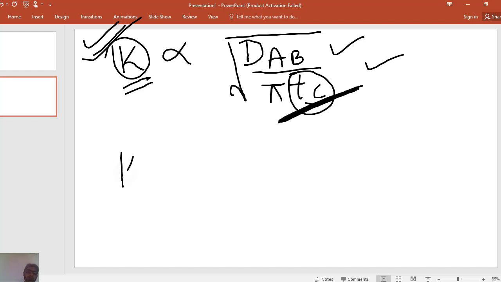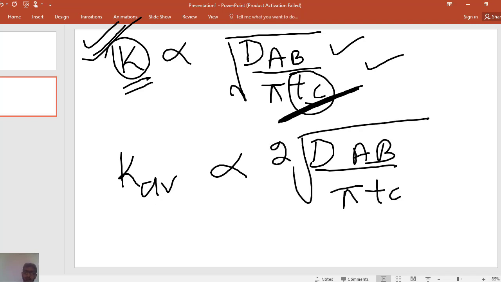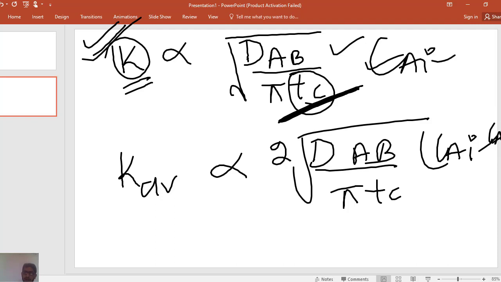Similarly, the average mass transfer coefficient is directly proportional to the square root of the diffusivity of A and B divided by pi into Tc, times 2. Now forget about this number and CAi minus CAb. These are only gradients.